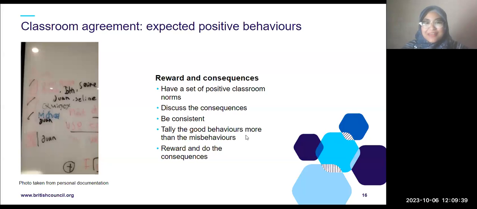Show them and praise them more for good behaviors, because a lot of humans don't like to be ashamed. They like to be praised and appreciated. Reward is the key term here in an SEL classroom: reward instead of punish, and apply the consequences. Okay, that's the first practice.